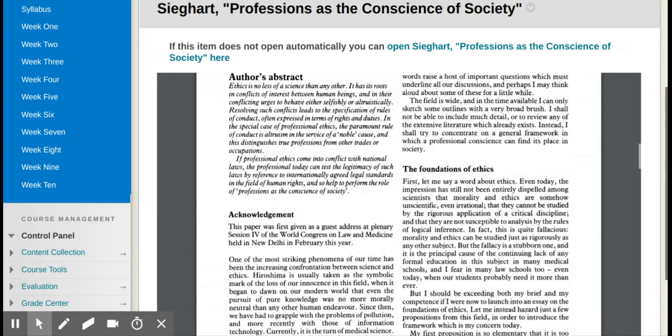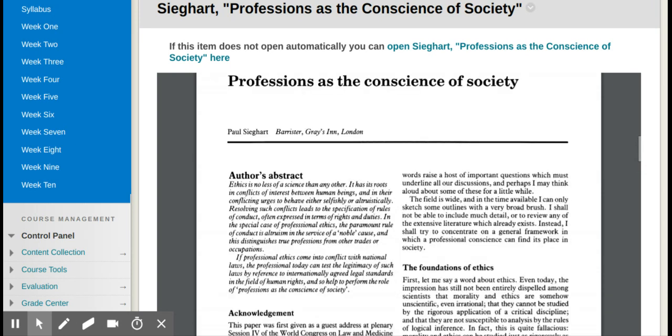What is Sieghart really offering in this essay? I think he's offering a lot of things of value. He is giving you, to some degree, a definition of what a profession actually is. But he is also trying to provide a basis for professional ethics in general.